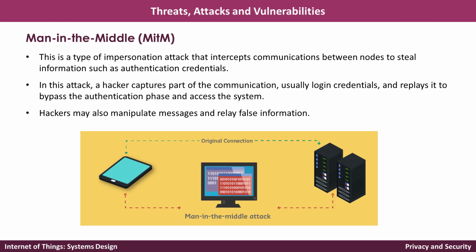In a replay attack, a malicious party would capture part of the communication, usually login credentials, and replay it to bypass the authentication phase and access the system. So basically, they can either read the information, use that information to access the particular resource, or even send false information by fabricating it.